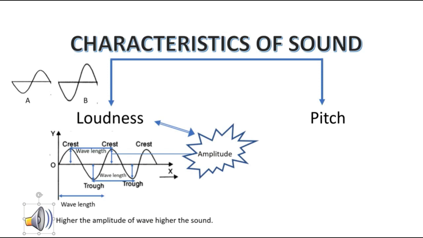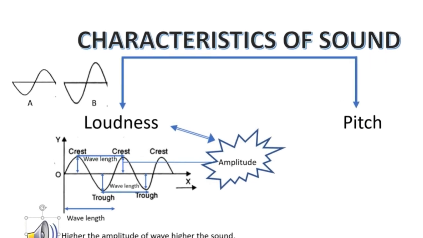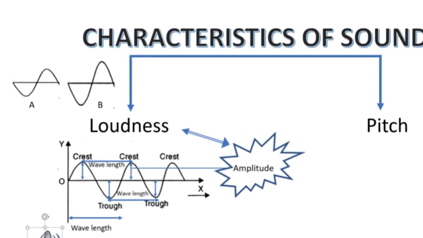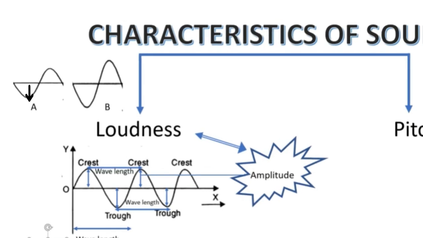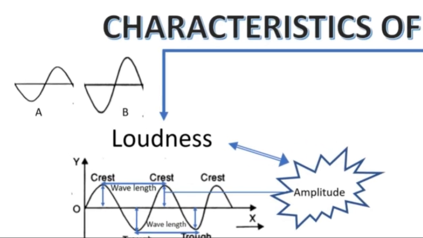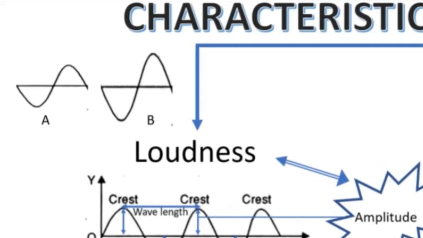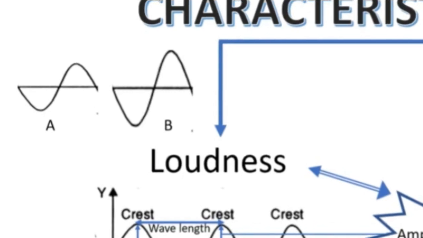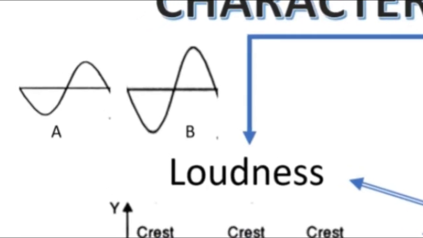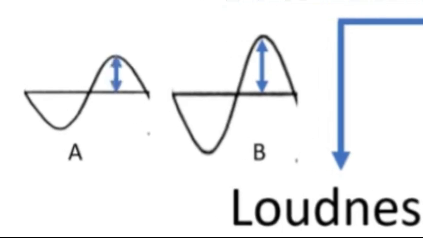Maximum displacement. In wave A, displacement is less. You see the height of the wave there. Whereas comparatively, in wave B, displacement is more. So in wave B, amplitude is more, and that's why B is loud.